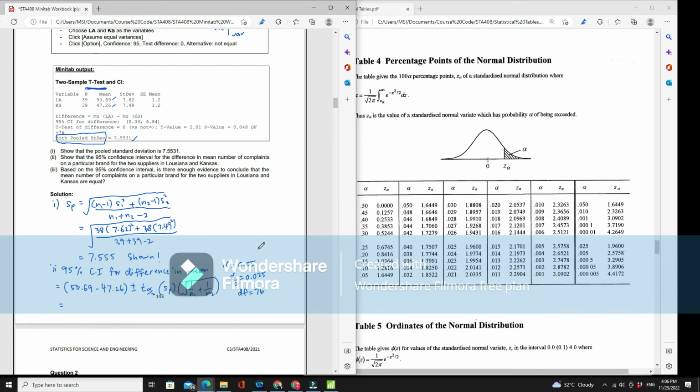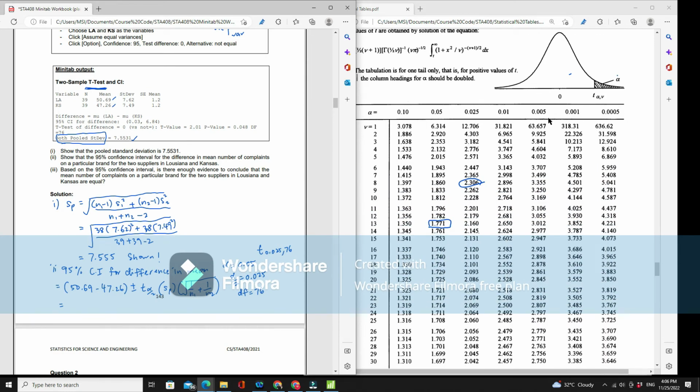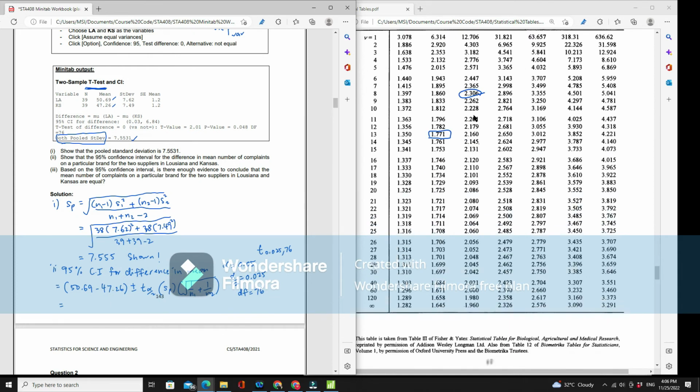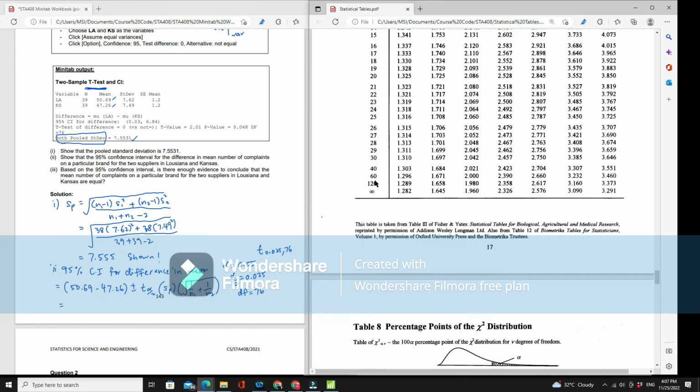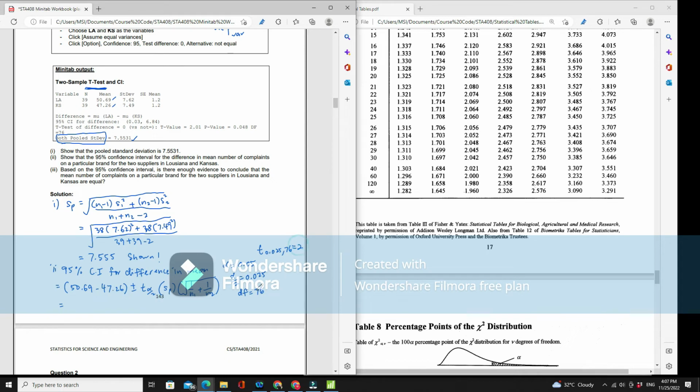So find the value of t 0.025, 76 from the table. Right, 0.025, 76. We don't have the 76 value, so we take the one before 76, so 60. So the value equals 2. And substitute and calculate: 3.43 plus or minus, so pooled variance, square root of 1 over 39 plus 1 over 39.